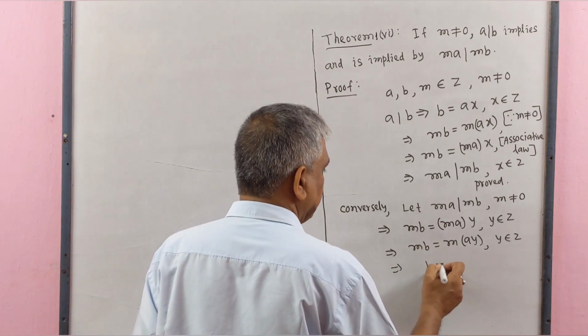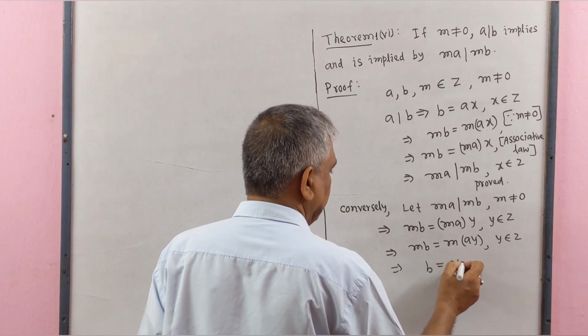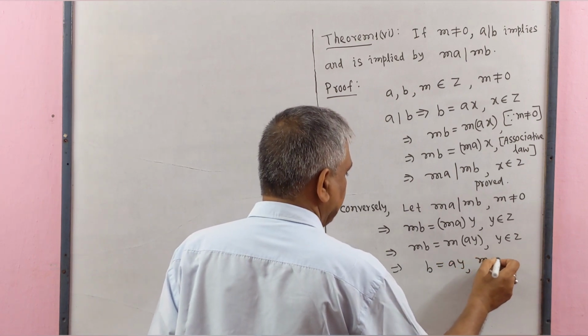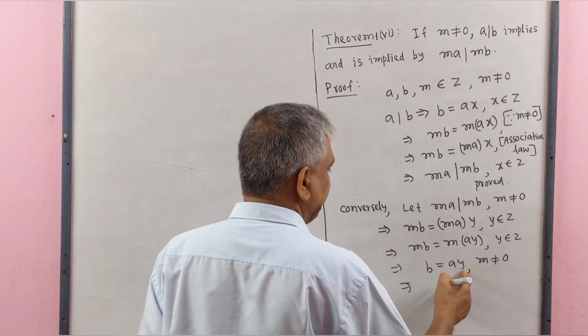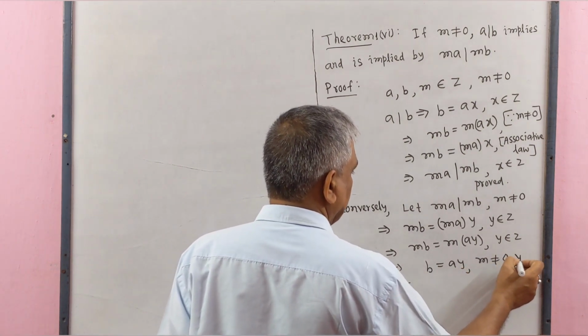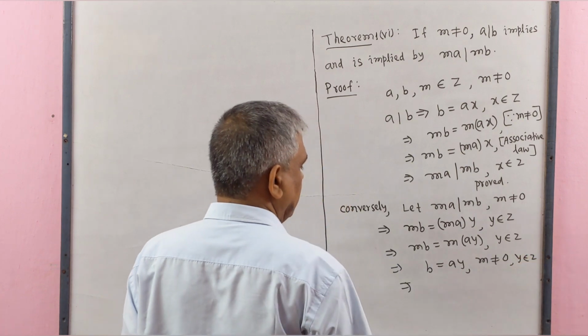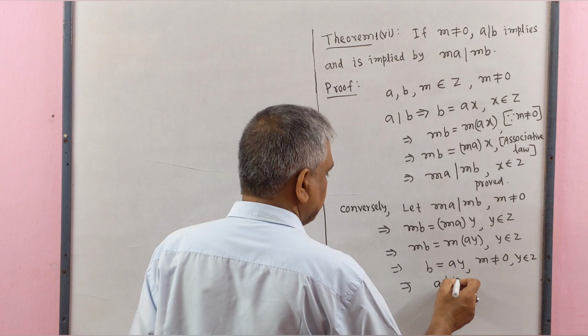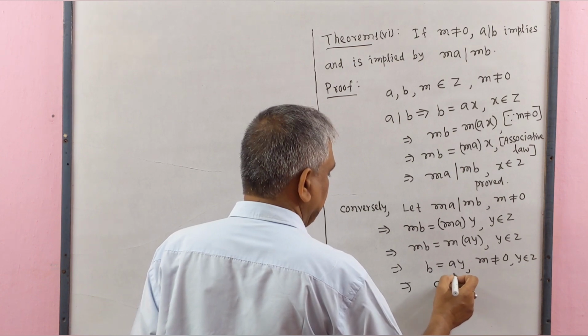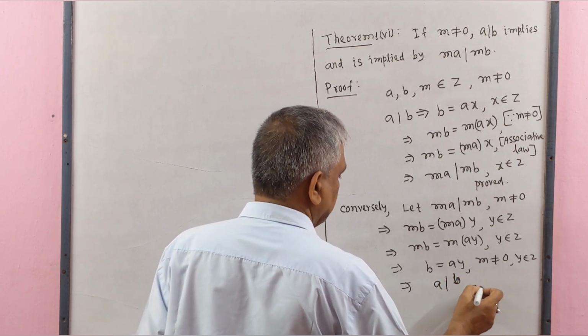This implies that B equal to AY, where Y belongs to Z. Therefore, this means A divides B. Proved.